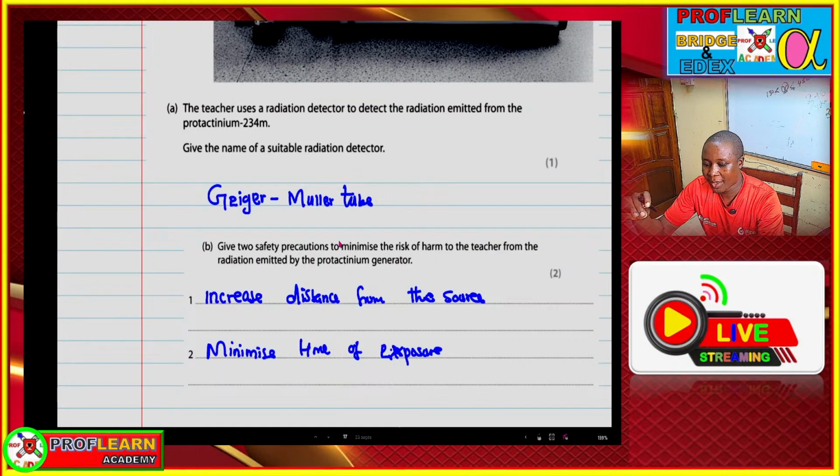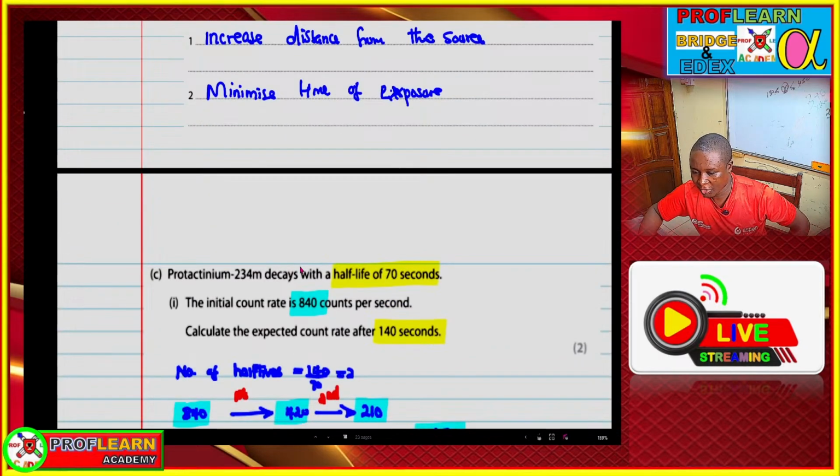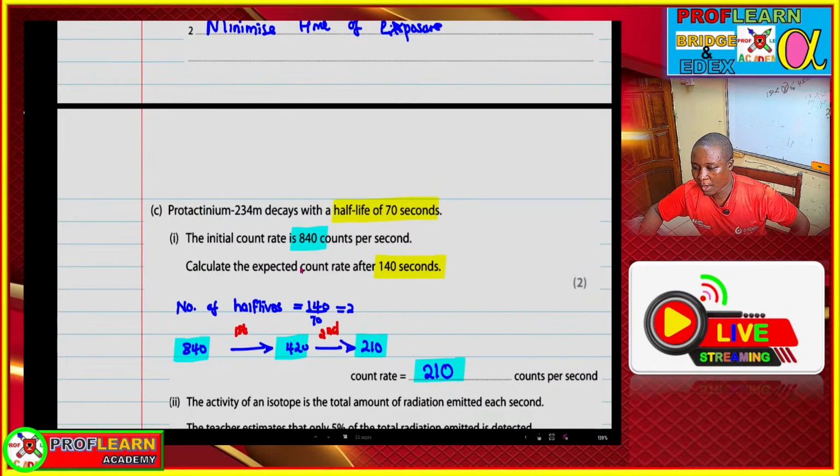Ensure you minimize the time of exposure so that you are not exposed to this radiation for a long period of time and taking in a large dose into your body. Also, you can put on protective clothes so that you can shield yourself against those radiations.